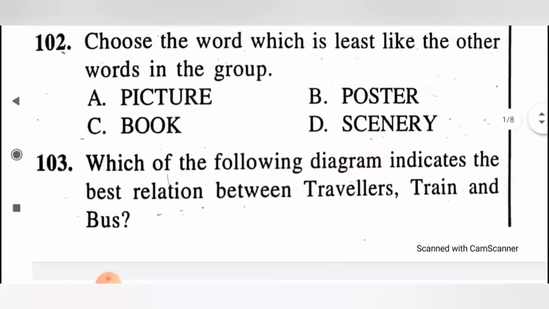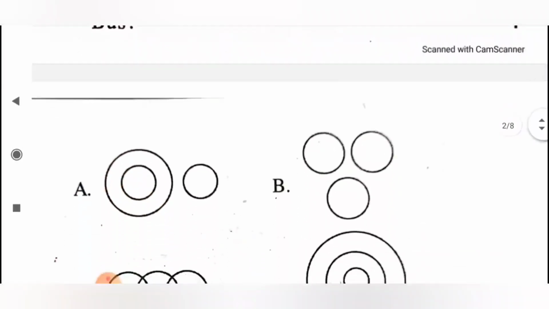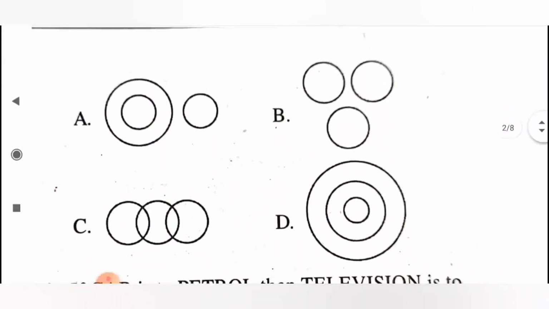103. Which of the following diagram indicates the best relation between travelers, train and bus? We have to show the relationship between travelers, train and bus. Here is the Venn diagram. You call this a Venn diagram.